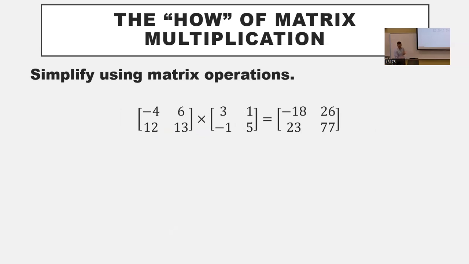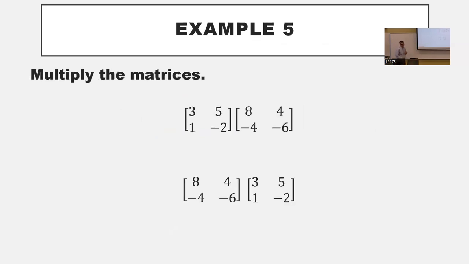Okay. Now we're going to continue doing some matrix multiplication to start with today. We're going to take these two matrices and we're going to multiply them. 3, 5, 1, negative 2, multiply that times matrix 8, 4, negative 4, negative 6.